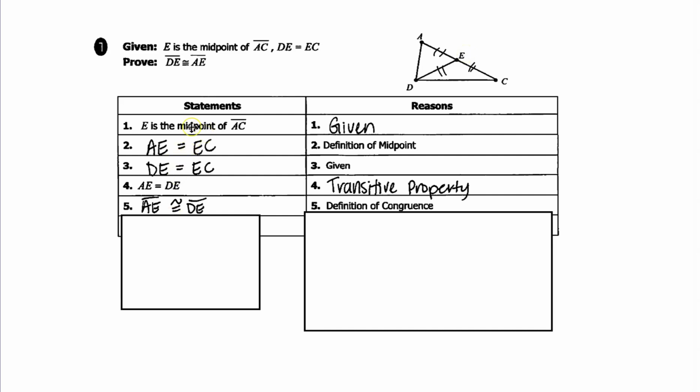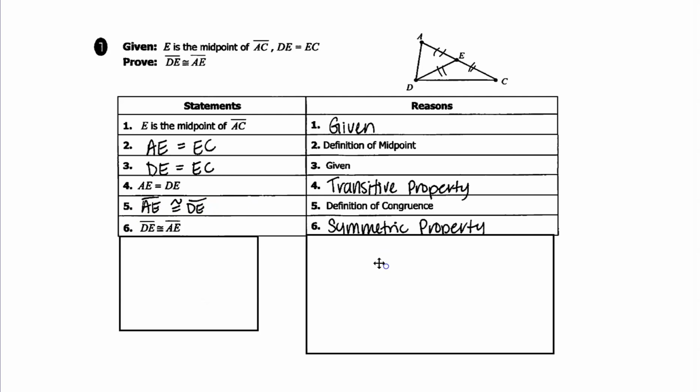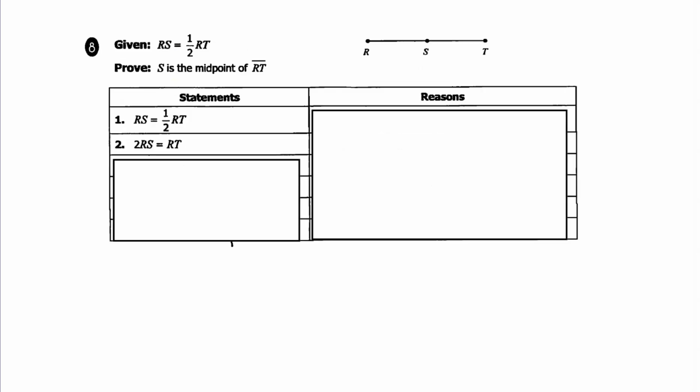That is this statement right here. And then finally, you're given DE is congruent to AE, and that's just a symmetric property. All they've done is flipped it around to make it match what it's asking for. These proofs can be somewhat clumsy sometimes.